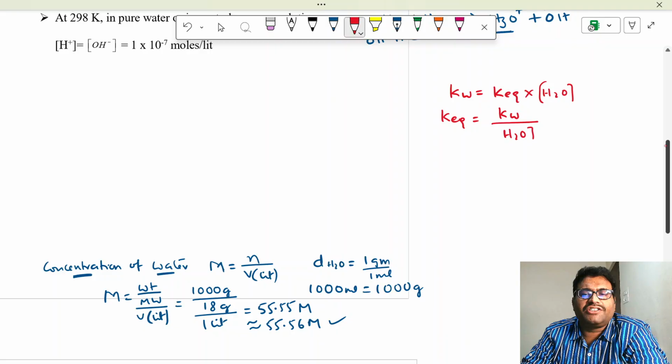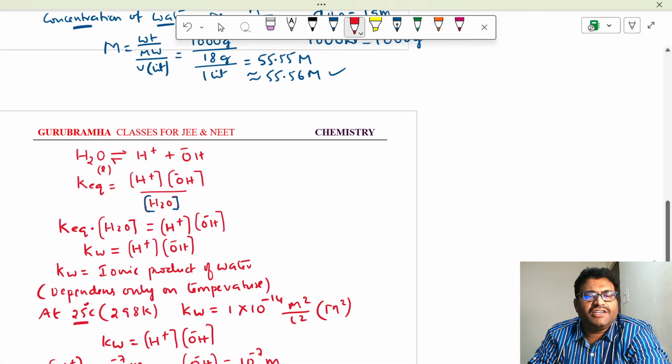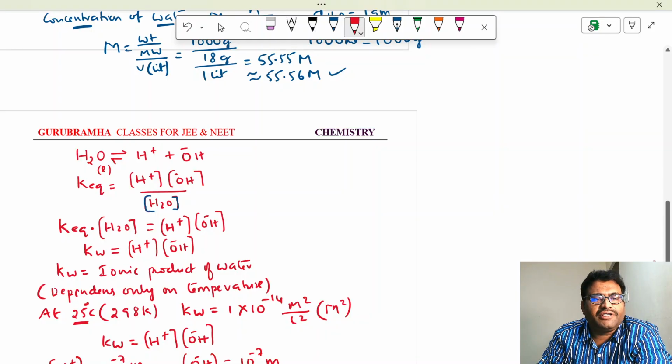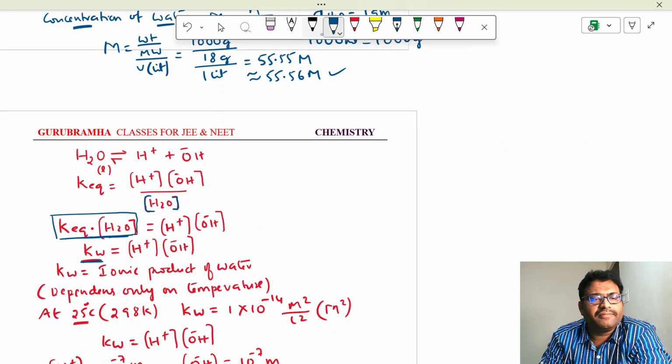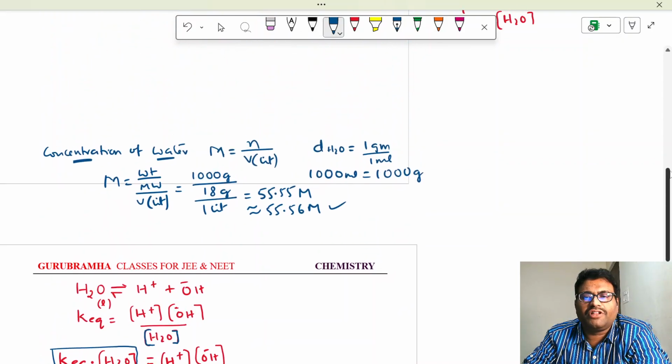Kw by concentration of water. Have we discussed this before? Yes, see here: Kw is equal to K equilibrium into concentration of water. That is what we are speaking about here.